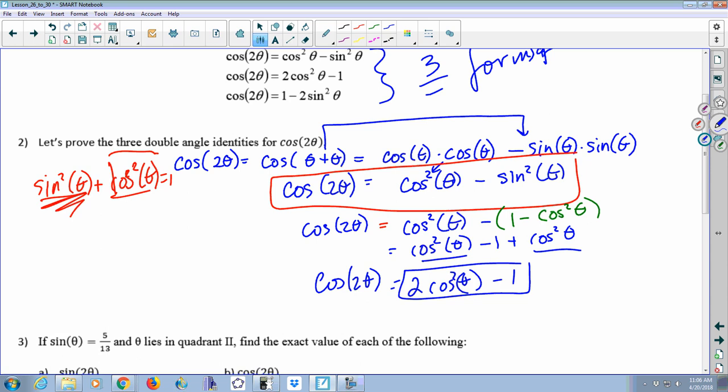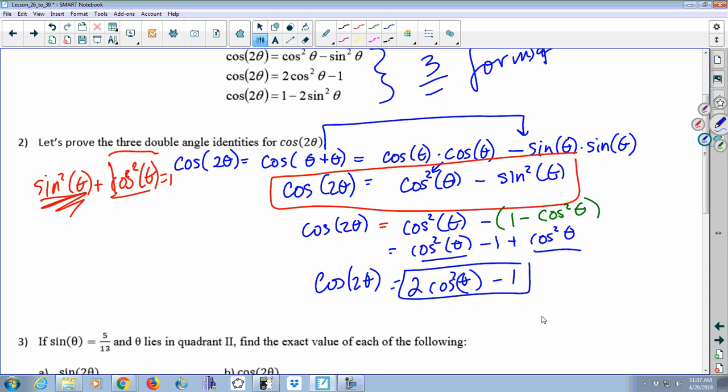And I think you can see the writing on the wall for how we do the next one, hopefully. So in this first one, I substituted for sine squared theta with an equivalent expression. And now to get this final identity, I substitute for cosine squared, 1 minus sine squared.